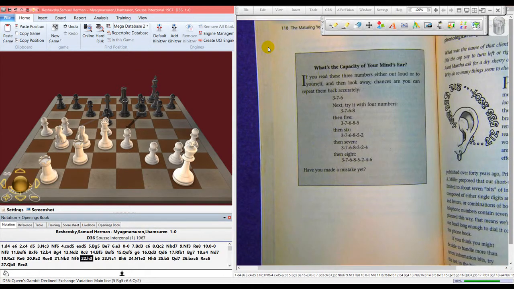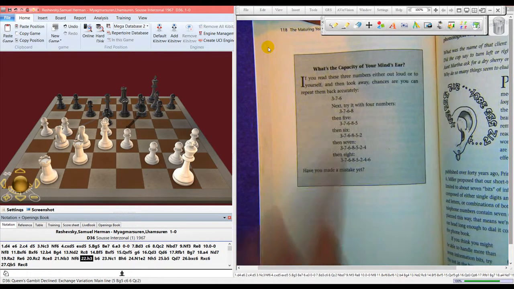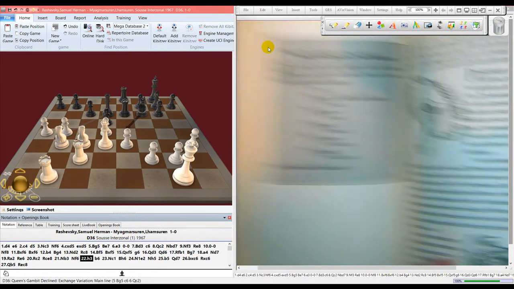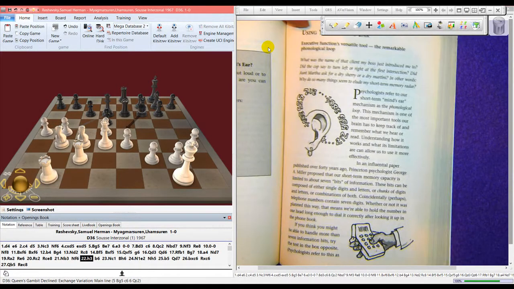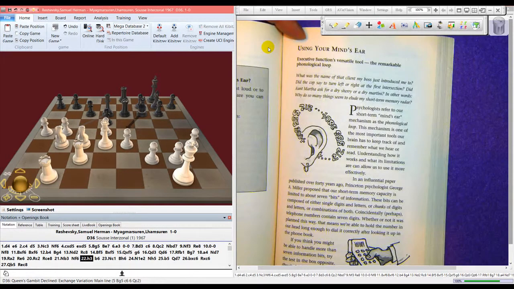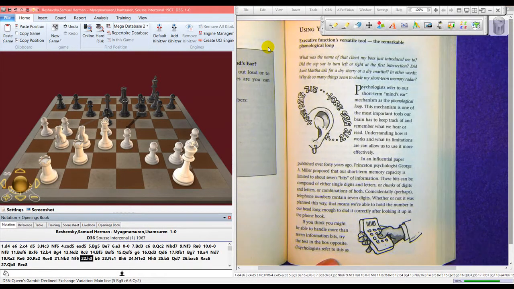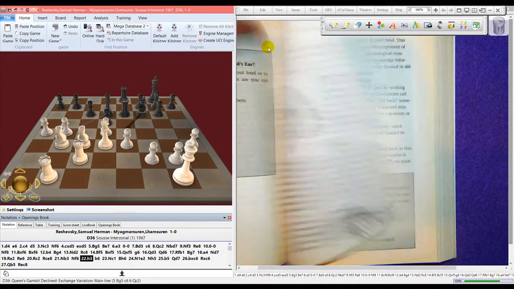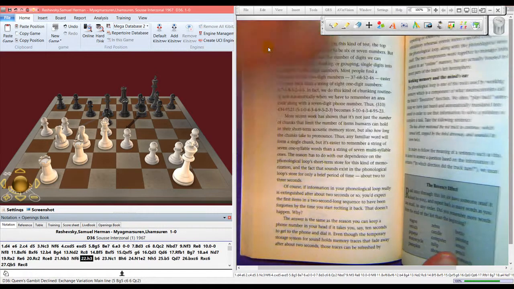It's about using your mind's ear. What's the capacity of your mind's ear? How many numbers can you remember? That's what that was about. For most people, they get up to about 8 numbers, and then it starts dropping off. They can't remember anything past that. That's why they have trouble remembering their credit card number.